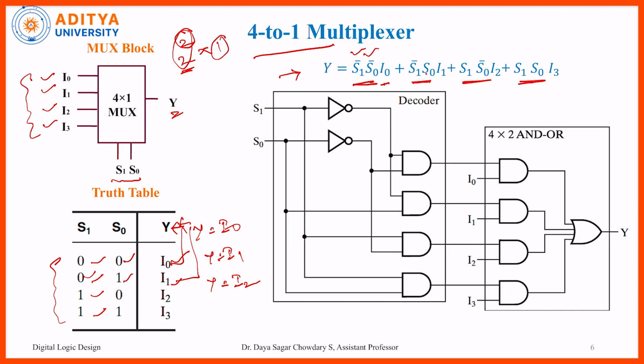Likewise we can write down that particular equation. Here also the selection lines depend on the decoder circuit, and with the help of the decoder, the 4 combinations give the AND and OR operations for this multiplexer, and finally we get the entire multiplexer circuit based on the equations.